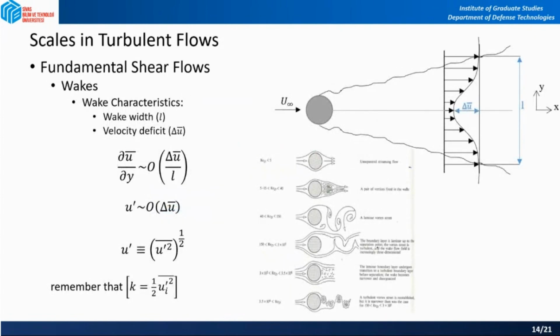So what are these? We are talking about, for example, a wake, for example, a cylinder that is exposed to a free stream, and the free stream velocity is u infinity. You remember that we said if the Reynolds number is high enough, you pass the laminar region and start to undergo the transition, and after the transition, you will have a kind of turbulent flow, turbulent vortices as well.